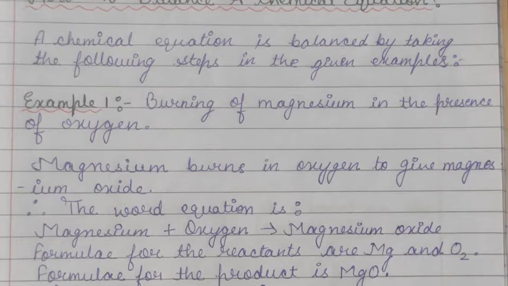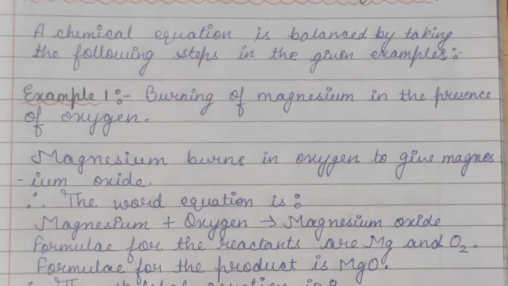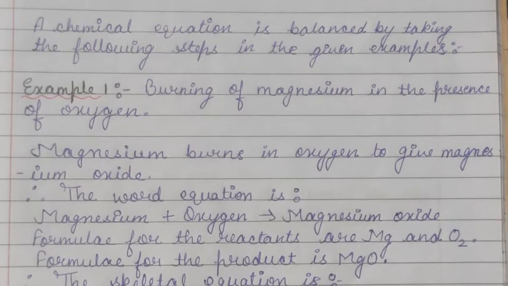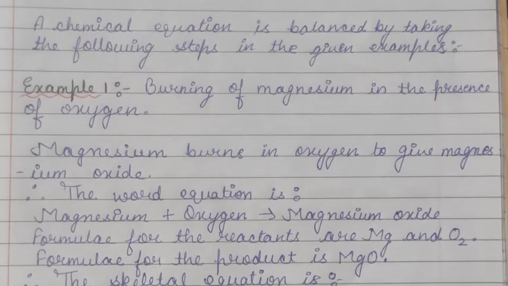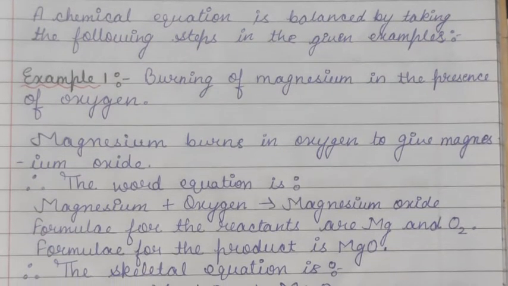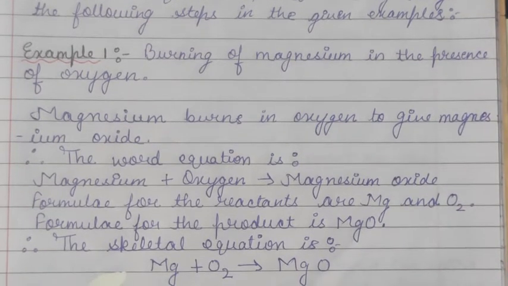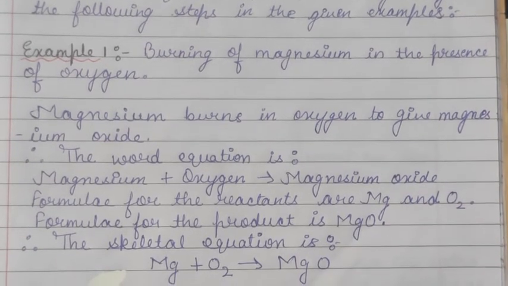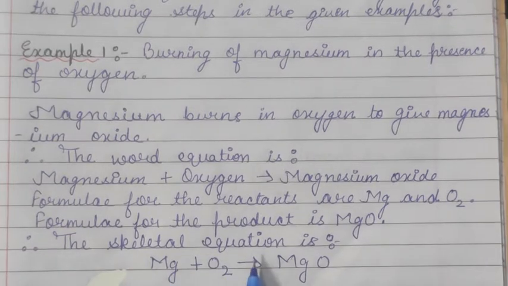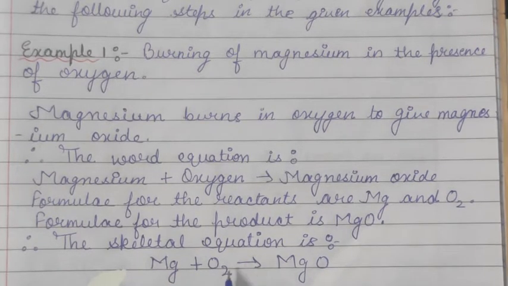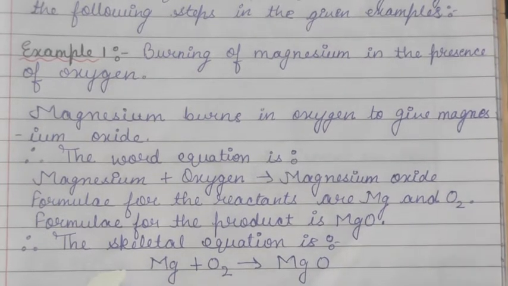Formulas for the reactants are Mg for magnesium and O2 for oxygen. Formula for the product is MgO. Therefore, the skeletal equation is Mg plus O2 gives MgO.